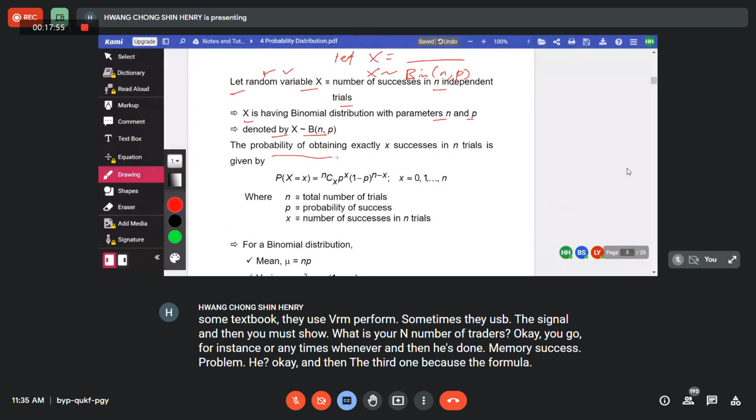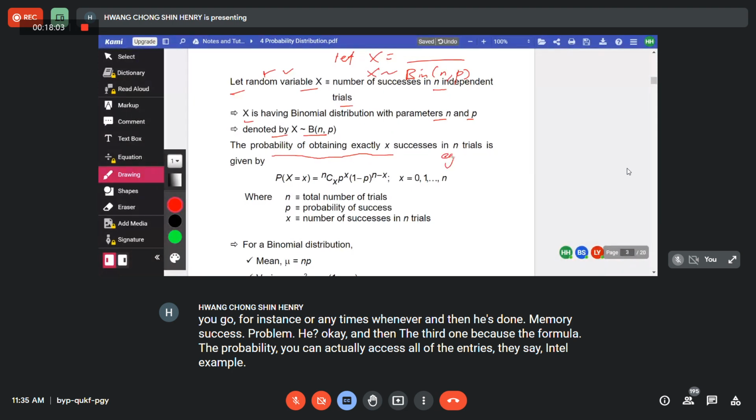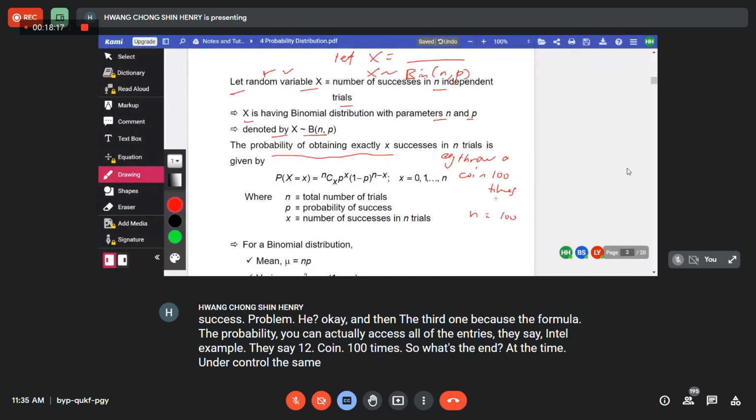And then the third one, we quote the formula: the probability to get exactly x successes out of the n trials. Let's say you throw a coin 100 times. So what's your n here? 100. You throw the same coin, same experiment, you repeat.